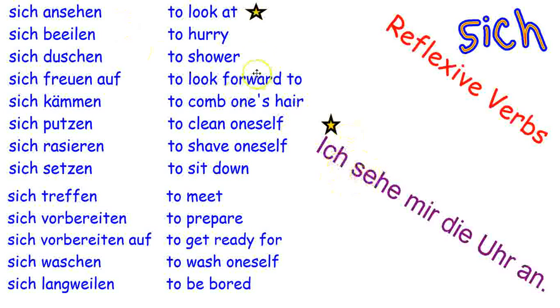This is actually double tricky because we have a separable prefix verb. So ich sehe mir die Uhr an. I look at who or what? The clock. So that's accusative. To whom or for whom? Myself. So that's why we use dative. Ich sehe mir die Uhr an.